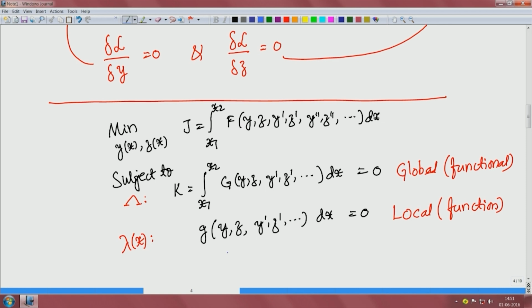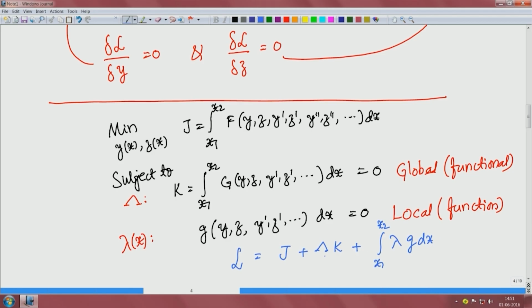It is very easy. All we have to do is write the Lagrangian, so that we have j plus lambda times k plus, I should not say lambda times g, because that would be for a particular value of x. I have to integrate it: it will be the integral from x1 to x2 of lambda times g dx.